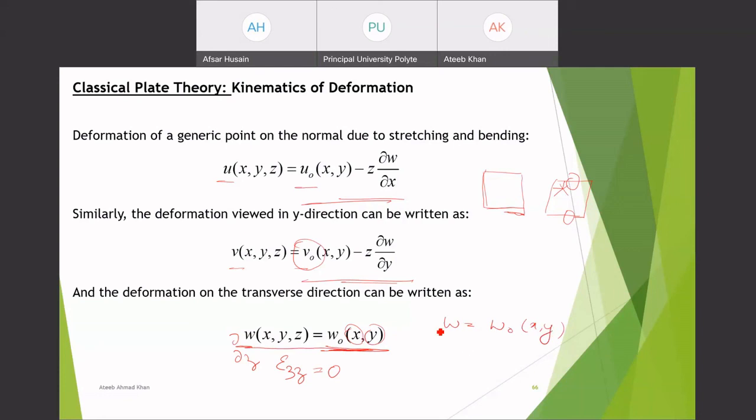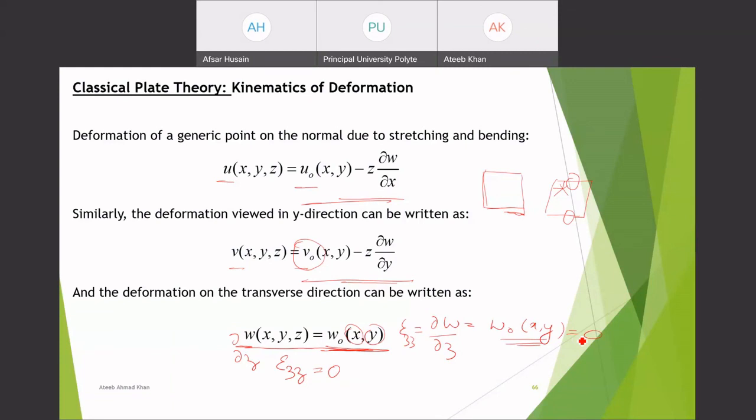If you differentiate w with respect to z to get epsilon zz, you will get 0, because it is not a function of z. So that's how we can say that the transverse normal is not experiencing any elongation in z direction.